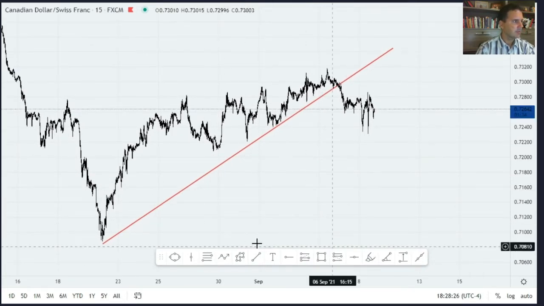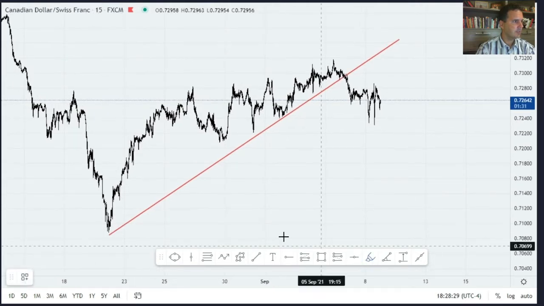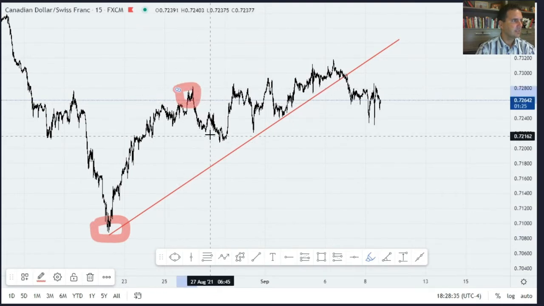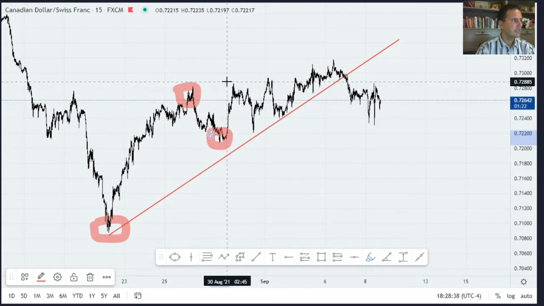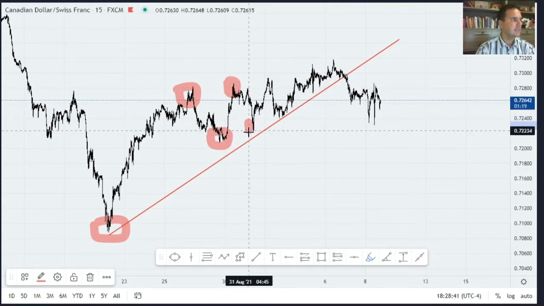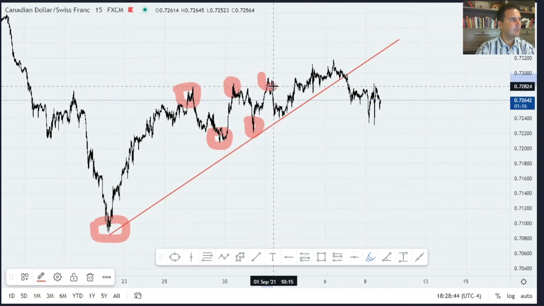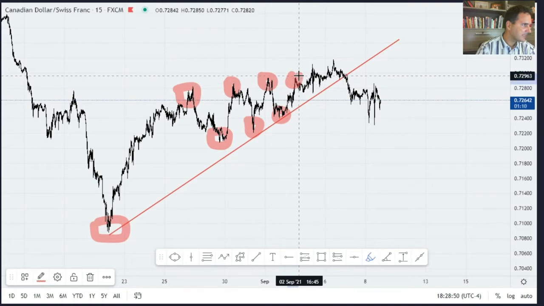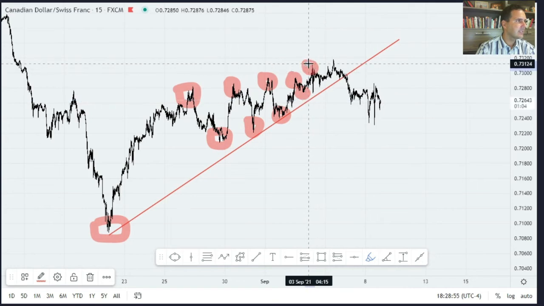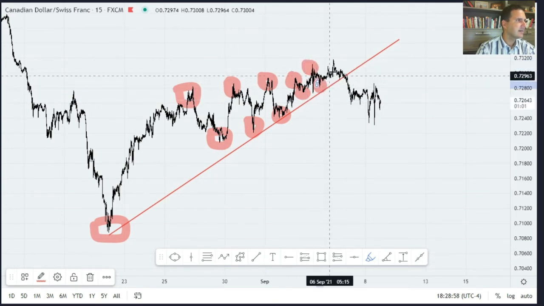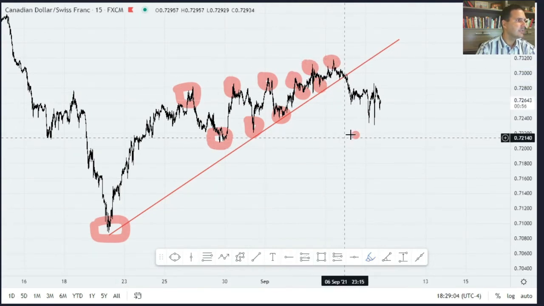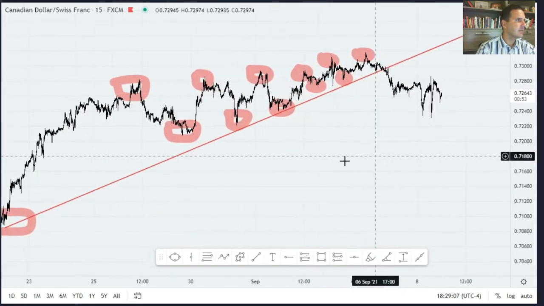So if this is the first low, and this is the first high, and this is the second low, and this is the second highest high, and this is the third low, and this is the fourth highest high, and this is the fifth higher low, and this is the sixth higher high, and this is the seventh higher low, and this is the eighth higher high, and this is the ninth higher low, and this is the tenth higher high. Do we agree that the market was making higher highs, higher lows?